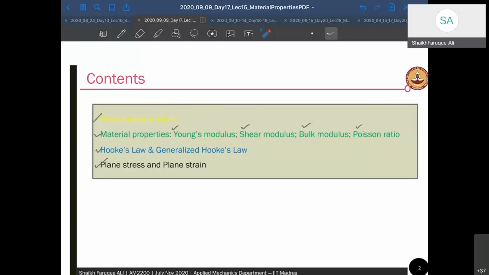Then we will learn about Hooke's law, okay, and generalized Hooke's law. We'll learn it for 1D members, and then for 3D, all three directions that we have. Then we will learn how to reduce these three-dimensional systems to a plane stress or plane strain condition.